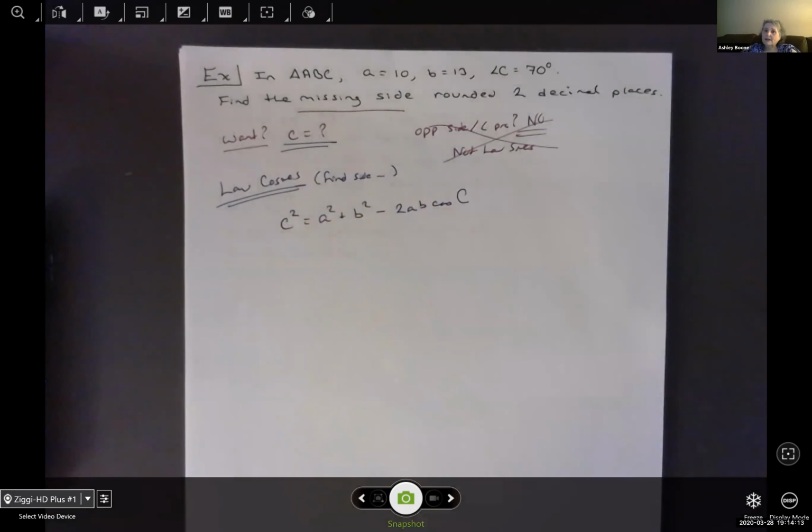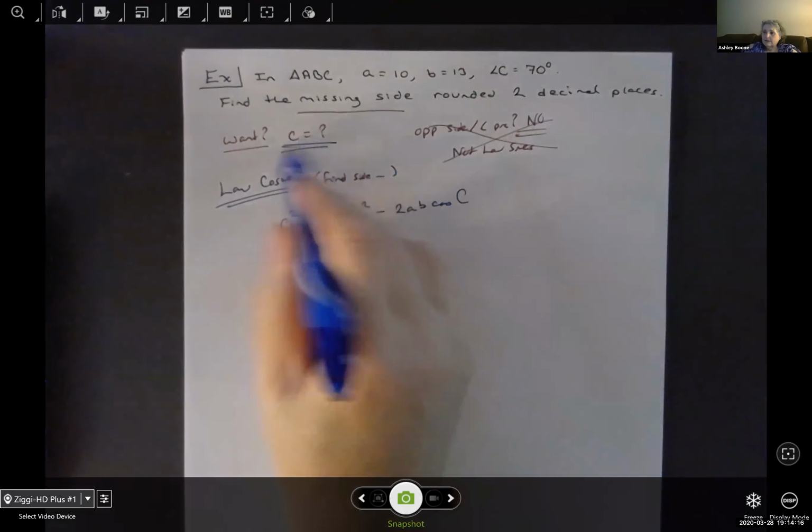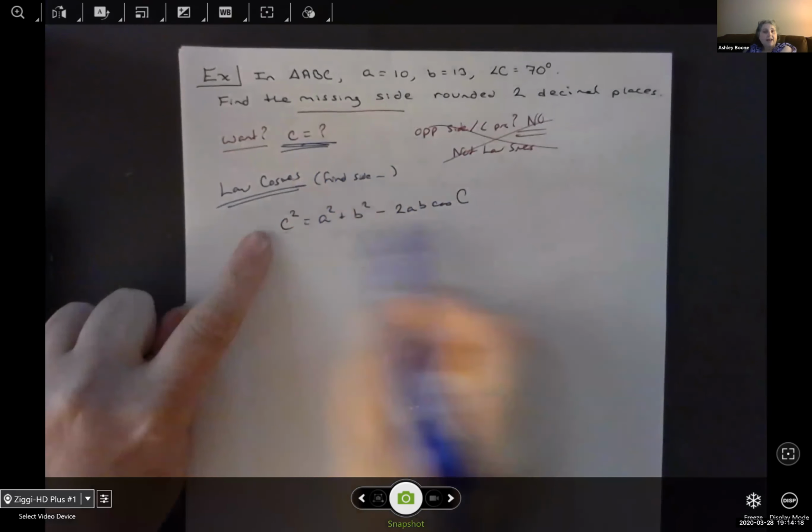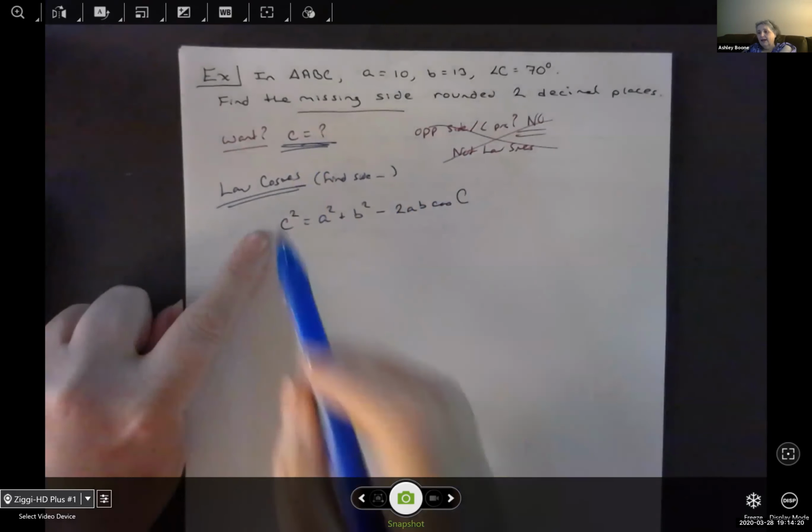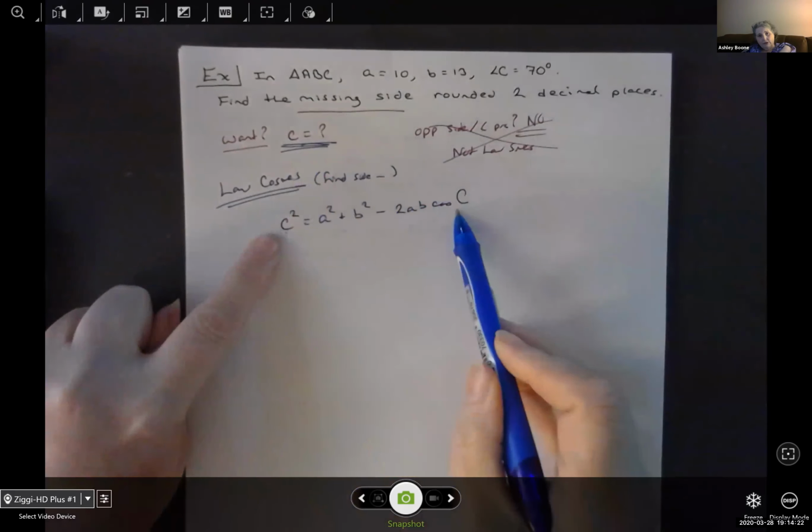We do want side C, so this form is exactly what I want. The side should correspond to the angle inside cosine, and the A's and B's should be the other two sides that are known. We have enough information here.